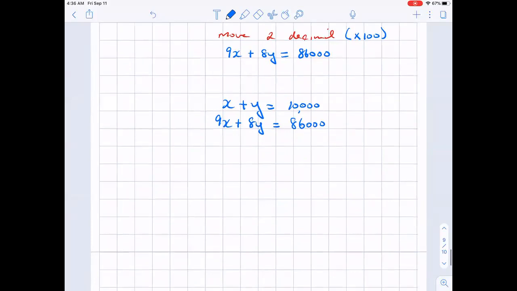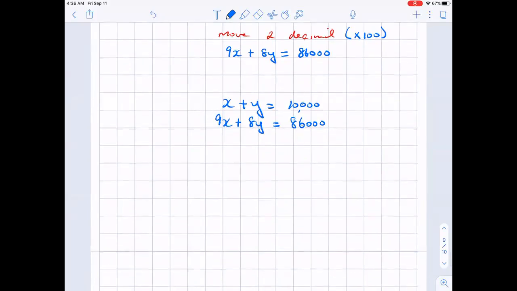So let's use the elimination method. So let's call this equation 1. Let's call this equation 2.